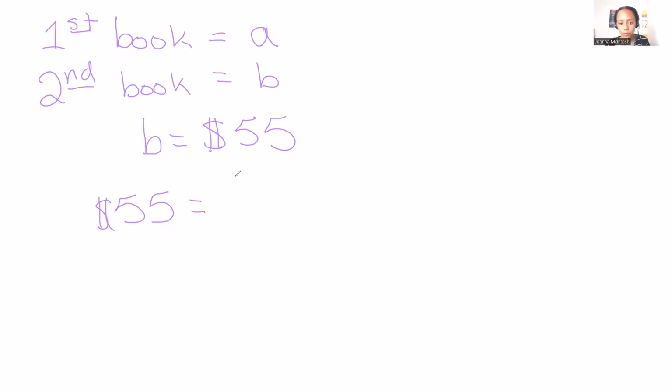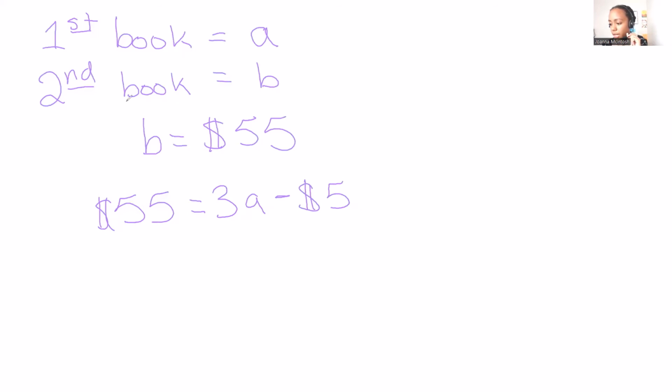And it says the price of the second book was $5 less than 3 times the price of the first book, and the first book is A. So this would be our equation. $55 is equal to 3 times A minus $5.